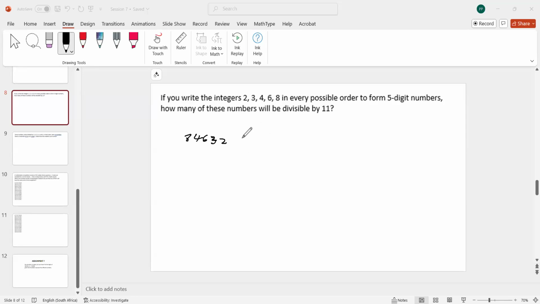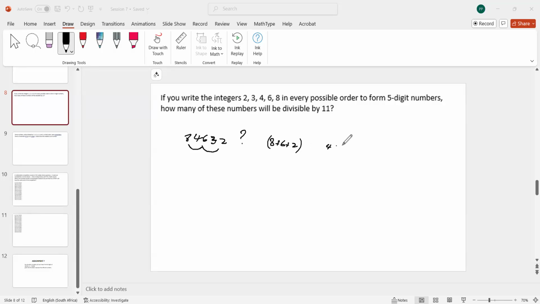Now, is it divisible by 11? Is this one of the numbers? Well, the way to do this is you add the alternate numbers. Remember, divisibility by 11. You get 8 plus 6 plus 2. Add the alternate numbers.